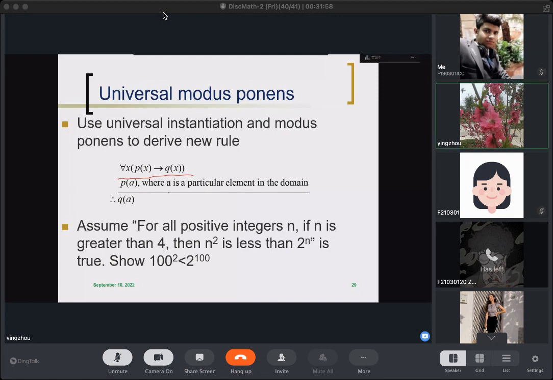So for the particular element A, we have P(A) implies Q(A) using universal instantiation. Then based on P(A) implies Q(A) and P(A), we have Q(A). So it is just using modus ponens. We combine UI and modus ponens together to combine the rules.